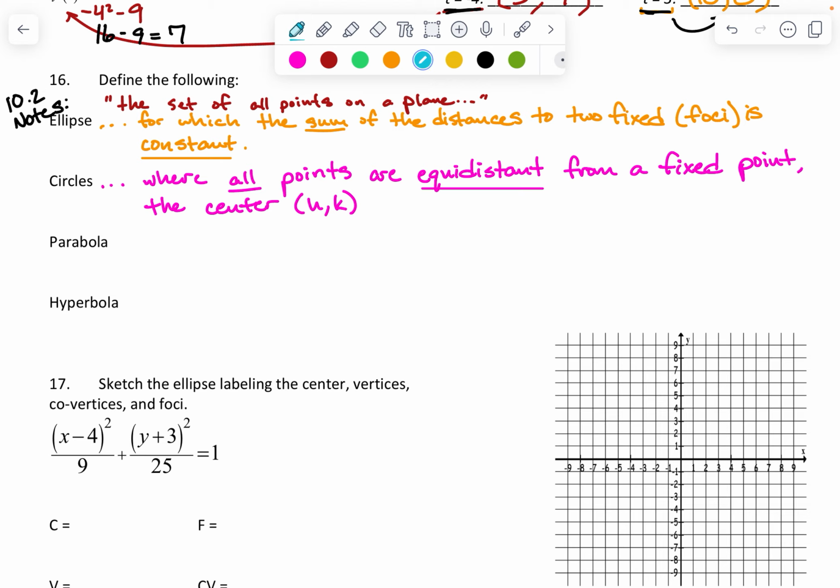Parabola, which I also just showed you, is the one where if you put any point on the parabola, you can go from there to the focus or there to the directrix, and it should be the same.